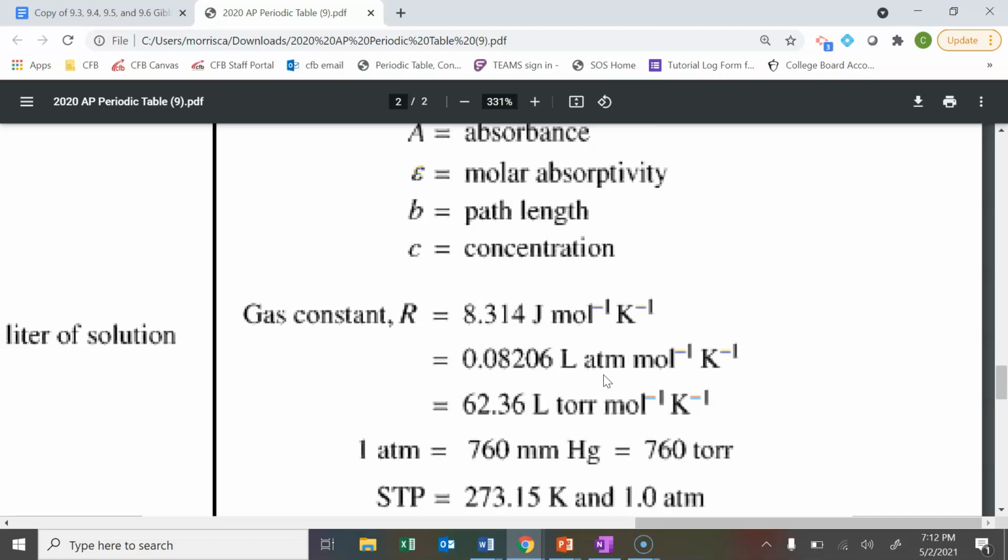When you're doing a problem with thermodynamics, we're dealing with joules and kilojoules. You want to use the R value with a unit that's easy to convert with thermodynamic units like joules and kilojoules. So we're going to use 8.314 joules per mole Kelvin.